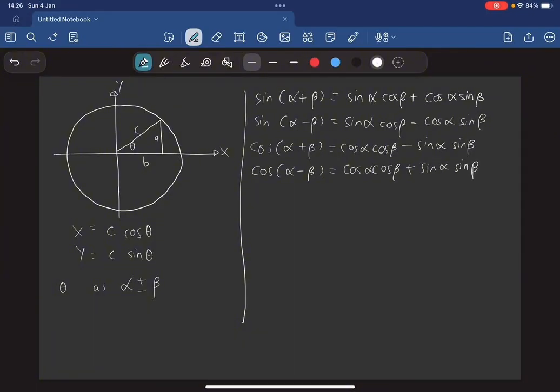So if it's sin of alpha plus beta, it will be equal to sin alpha cos beta plus cos alpha sin beta, etc.